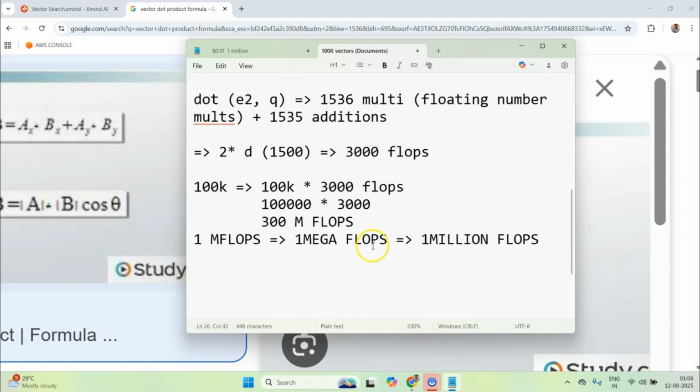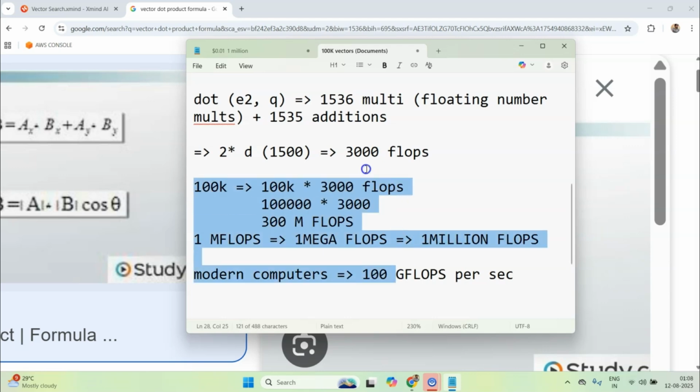Now the question is, how do I know how fast this can be done? Modern computers can do 100 G flops per second, and G means giga. This is very in line with the way we understand gigabyte, megabyte and kilobyte.